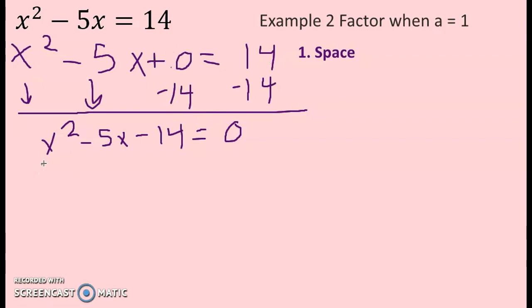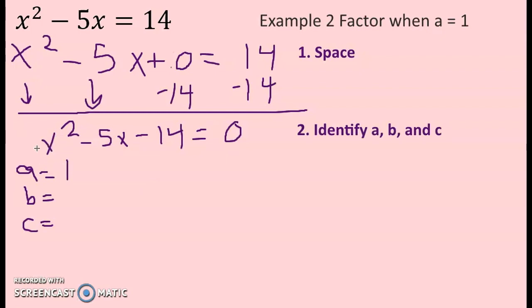Okay, the next step, we want to identify a, b, and c. A is the coefficient of x squared, b is the coefficient of x, and c is the constant. There's one x squared, so a is 1.